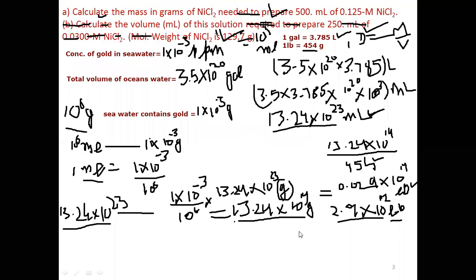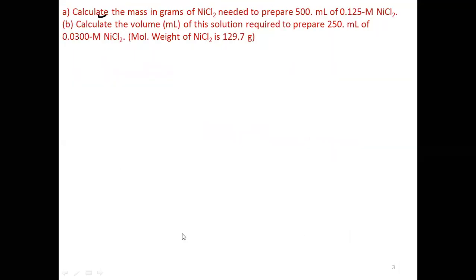So the next numerical is, let us see the statement. He says calculate the mass in grams of nickel chloride needed to prepare 500 ml of 0.125 molar nickel chloride solution. So the first part is this.